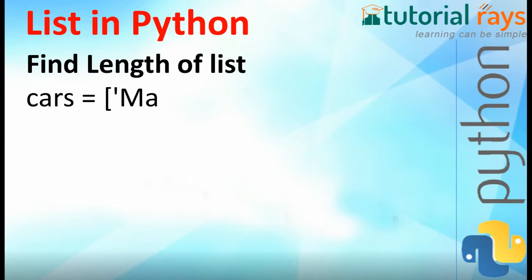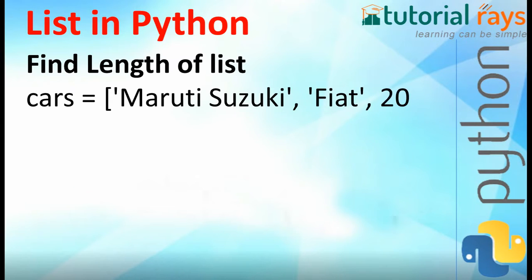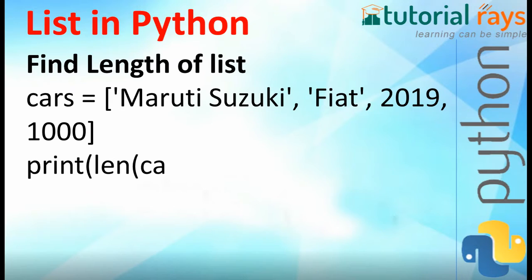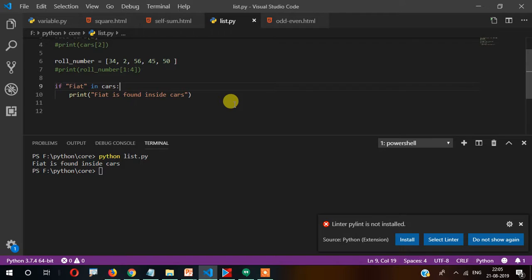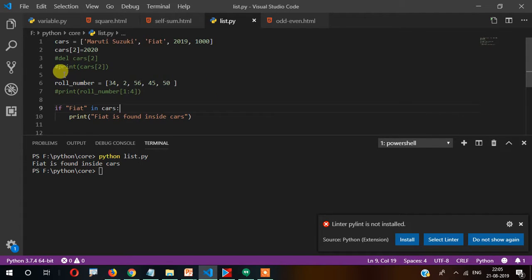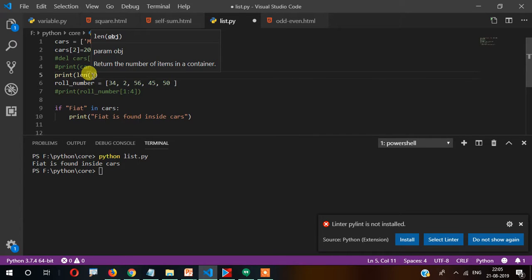And in this section you will learn how to find the length of the list. So simply using the len function we can find the length of a list. So in this case, if you write here print then len, and inside that we will pass here cars.